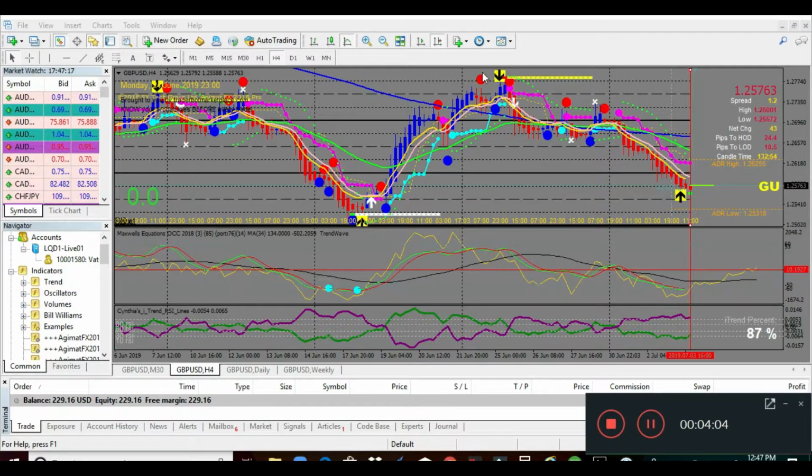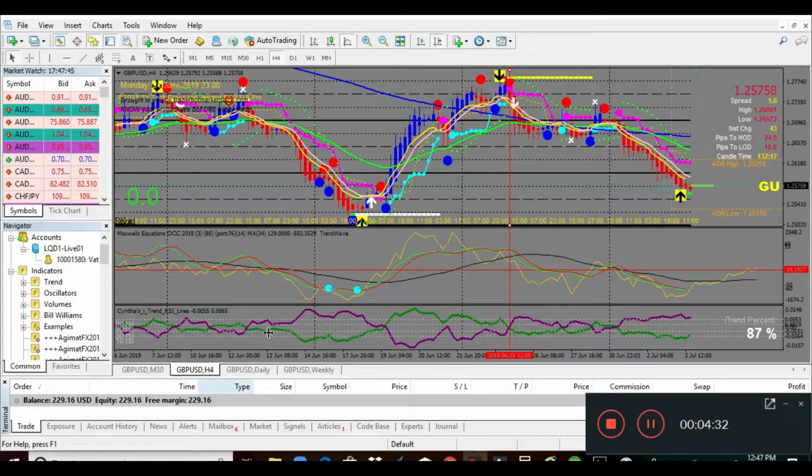And then the sell right here, you're going to take this sell the way I am going to take it. As long as you see an arrow, or if you don't see an arrow, some people may not have the Agimat. If you do not see this arrow right here, all you're going to be looking at is this red dot letting you know a signal is about to happen, followed by the pink dot, which is your entry.